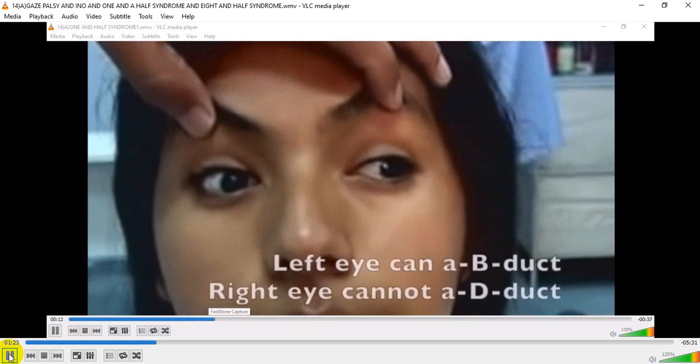Now she is looking to the left. You can see that the left eye can abduct, but the right eye cannot adduct completely. In the right eye there is difficulty in adduction, because of medial rectus involvement, and that is because of the medial longitudinal fascicle being involved.